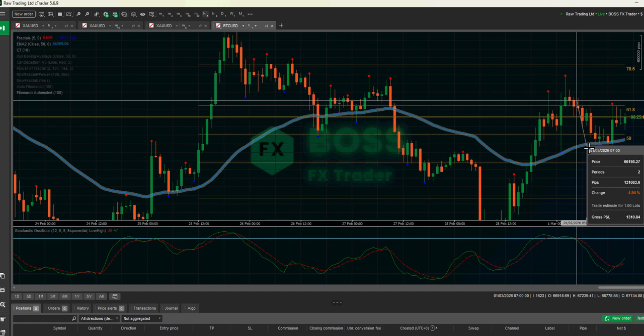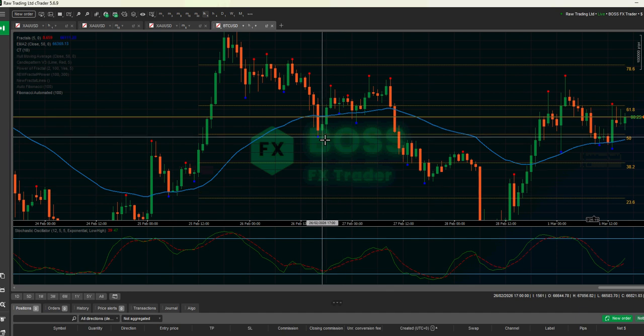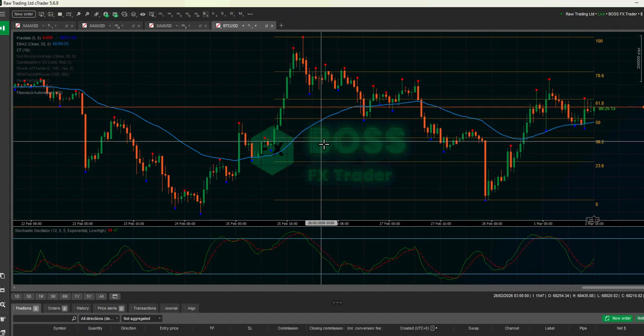I mean 1,000, if you're trading one lot size. So you get 1,310 for that move. That's the idea on how this works.